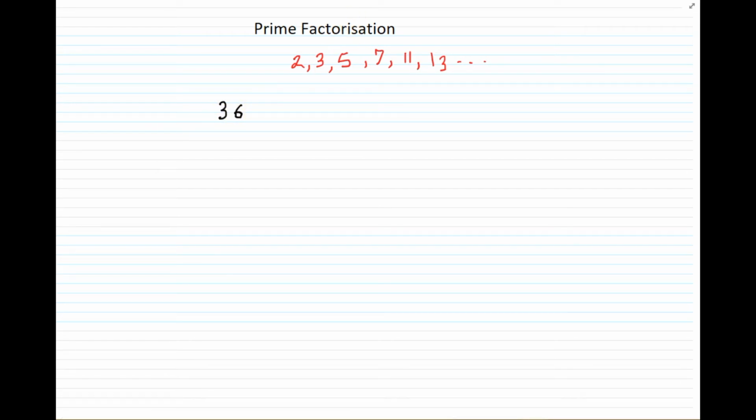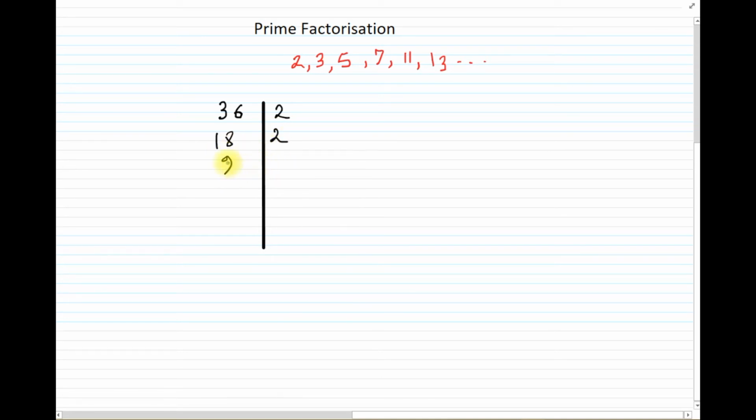Again, what I'll do, I'll draw a vertical line next to it. Start with the smallest prime. Is 36 divisible by 2? It is, because it's an even number. 36 divided by 2 is 18. Is 18 divisible by 2? It is. It's an even number. 18 divided by 2 is 9. Is 9 divisible by 2? It is not. So we go to the next one. 9 is divisible by 3.